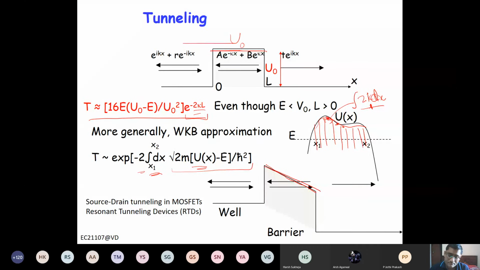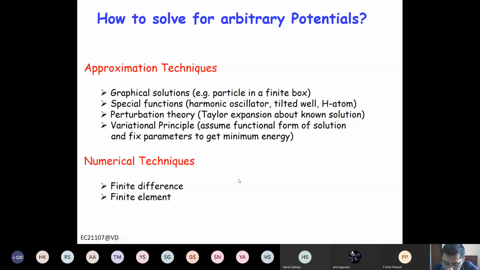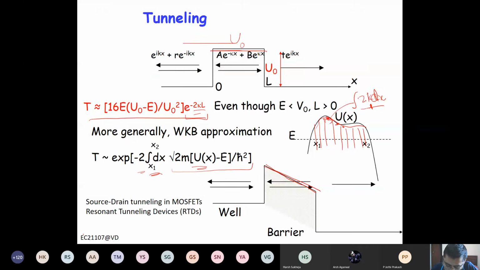So these are encountered in MOSFET. So here you have metal, and this is oxide, and this is the other way around.